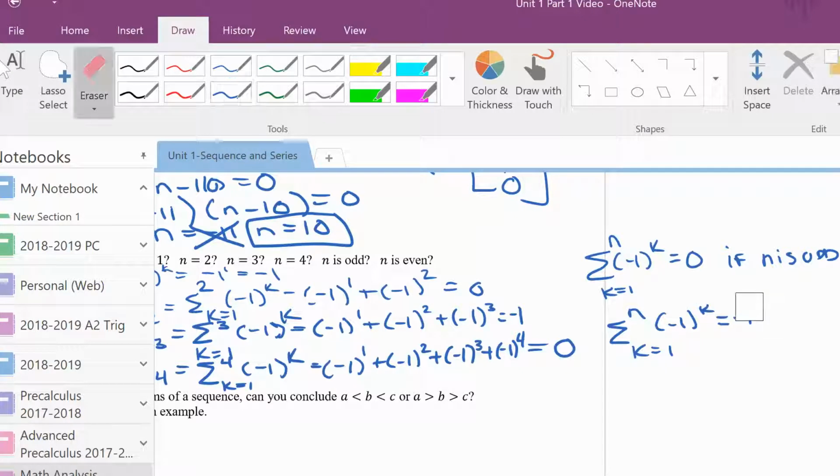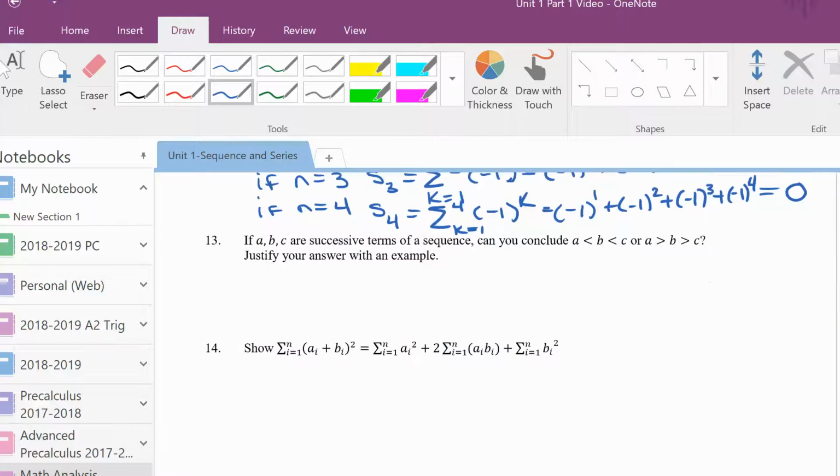Actually, sorry, it's the other way around. If n is odd, it's equal to negative 1. And if it's 0, n is even. All right, that is number 12.